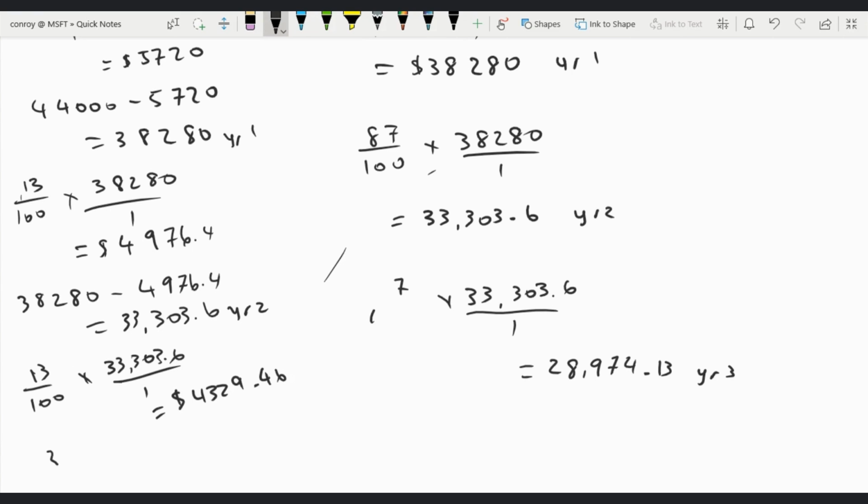Subtracting that, which is 33,303.6 minus 4,329.46, and we were still able to get our 28,974.13 for year 3.